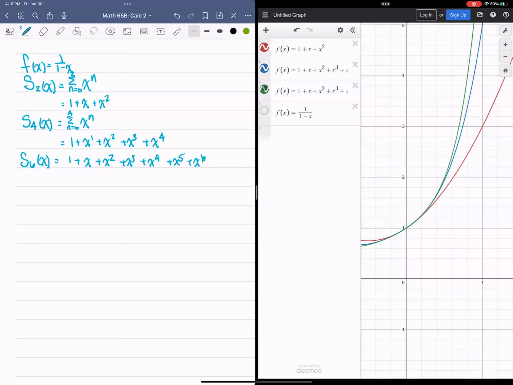Kind of cool. Next is going to be s sub 6. This one is graphed in the green. And let's see what that looks like compared to the function that we have over here.